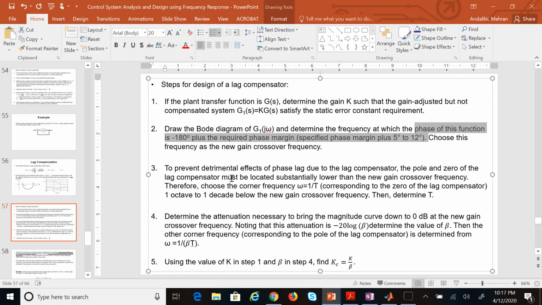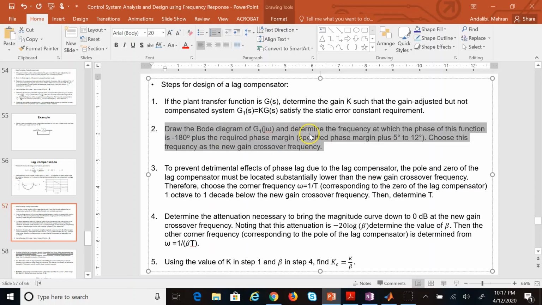Then, now that we found this frequency, the next step is to determine parameter T. Now, I told you that the lag compensator will make the system slow. To minimize this detrimental effect, what we do, we try to make the pole and the zero of the lag compensator at frequencies that are significantly lower than this gain crossover frequency that we found in step number 2.